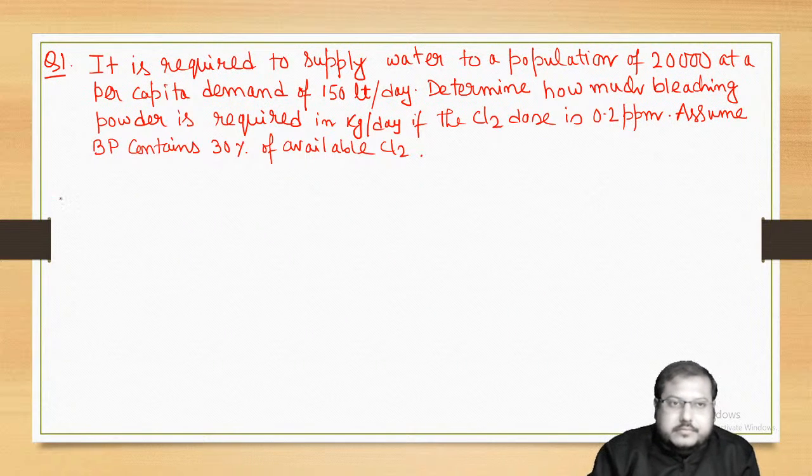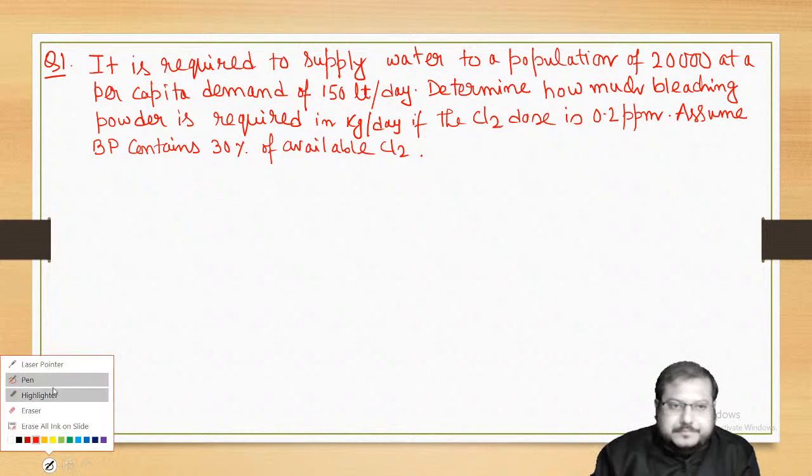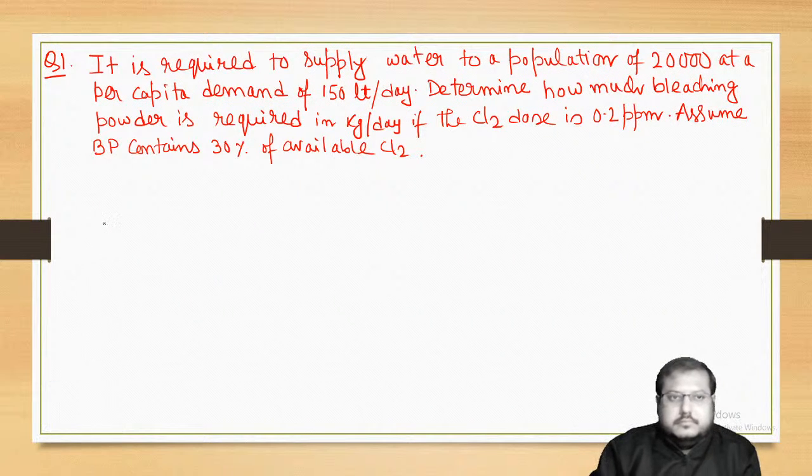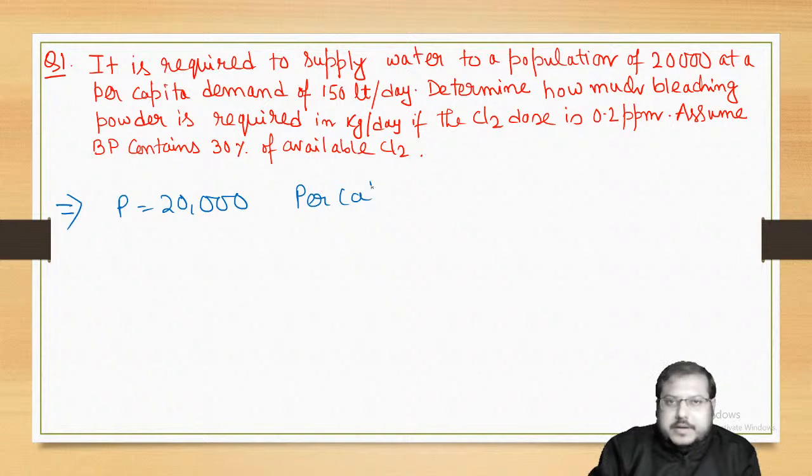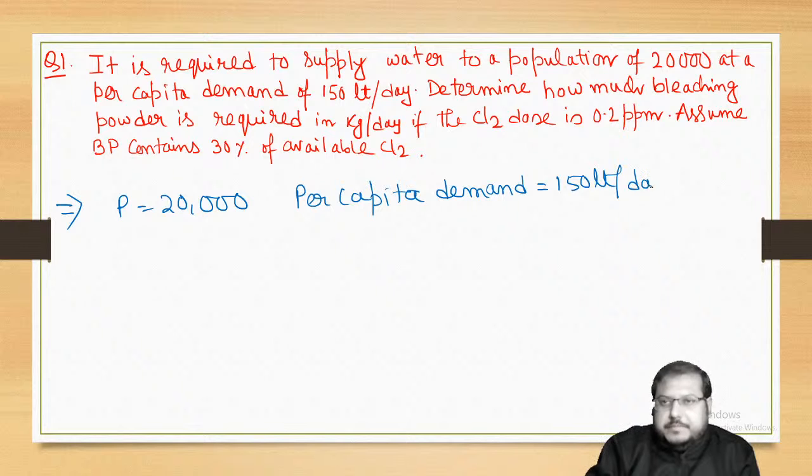So let's see the solution process. Population is 20,000 and the per capita demand is 150 liter per day.